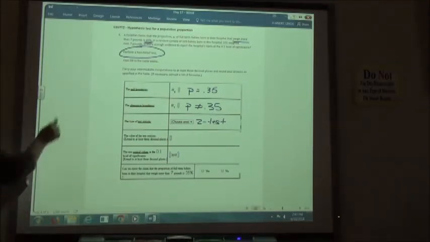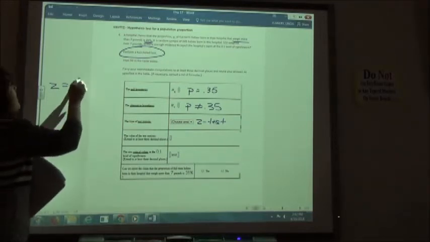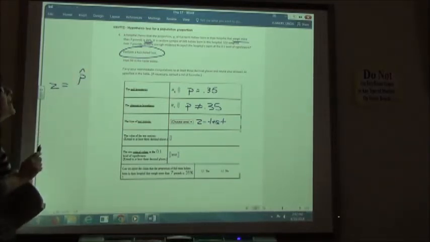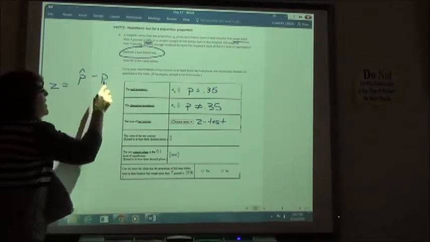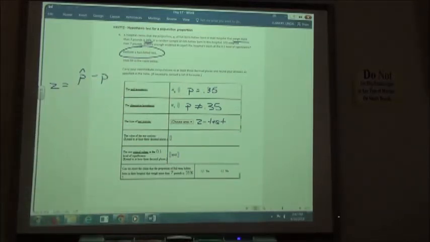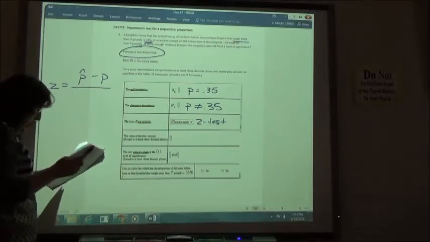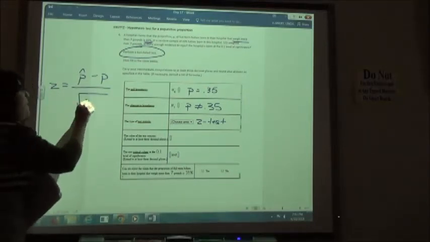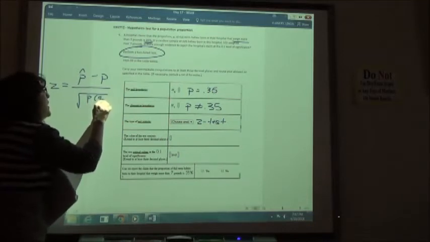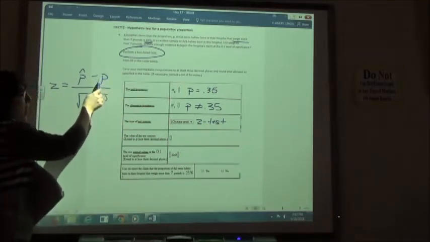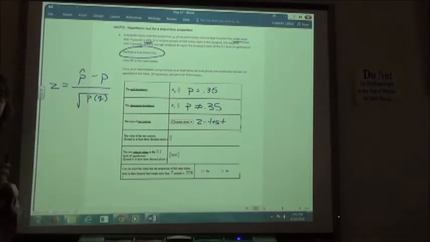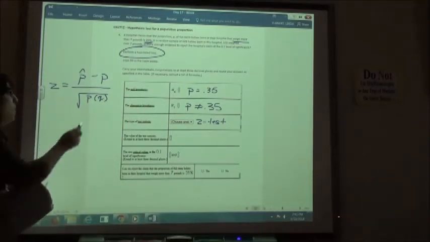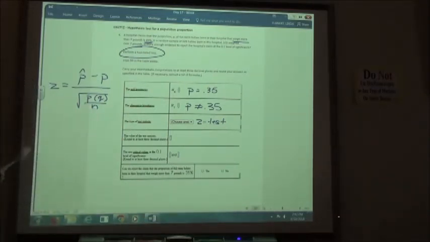And our formula for our test statistic is going to look like this: P hat, which is the sample proportion, minus P, which is the given proportion or percent, over the square root of P times Q. Q is going to be the complement of our P. We'll get to that. All over N. All of that's underneath the square root, if I can read my writing.